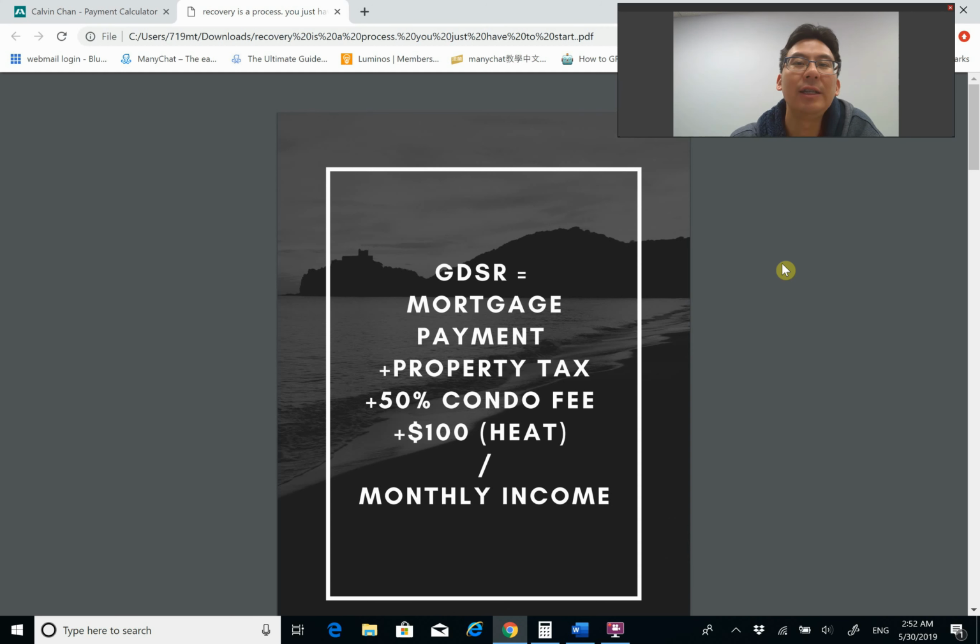So the next thing you need to find out is, for a mortgage amount of $700,000, how much is the mortgage payment? This is usually the most difficult part of the calculation.